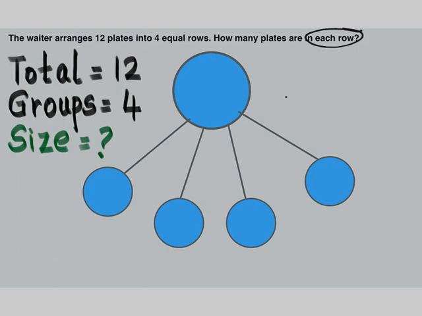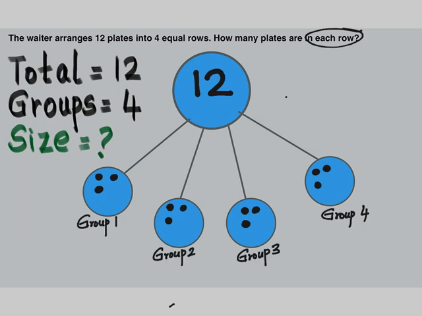this problem can be solved using a number bond. The total goes on the top, so 12 is the total, and let us divide the 12 into 4 groups. So 1, 2, 3, 4, 5, 6, 7, 8, 9, 10, 11, 12.